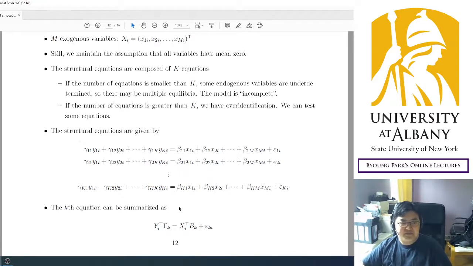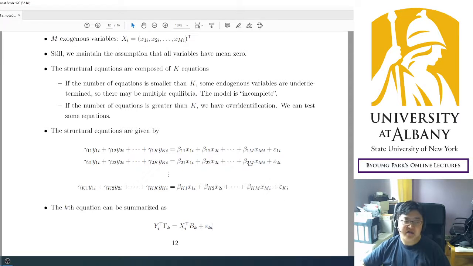This is the general structural form, and the kth equation, say, can be summarized this way: vector y times the vector of coefficients gamma k equals vector xi times the vector of beta k plus epsilon.